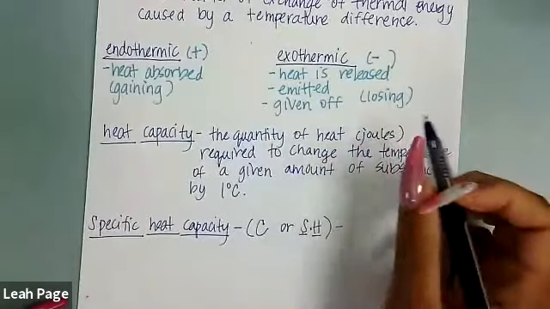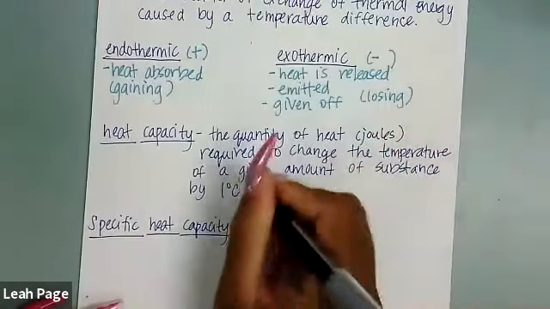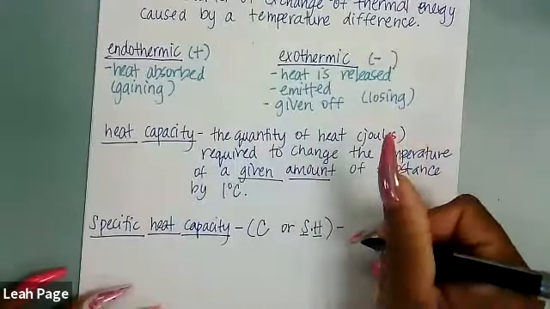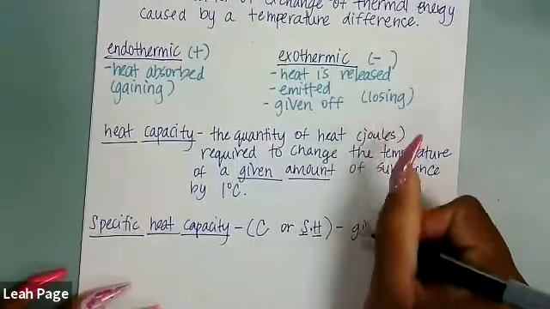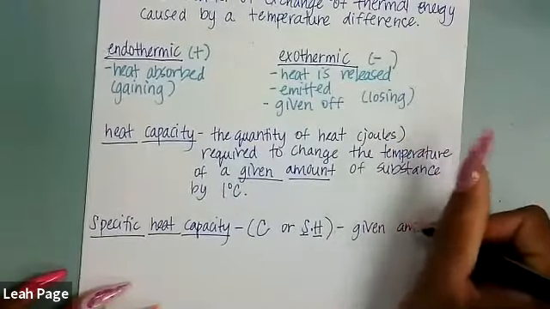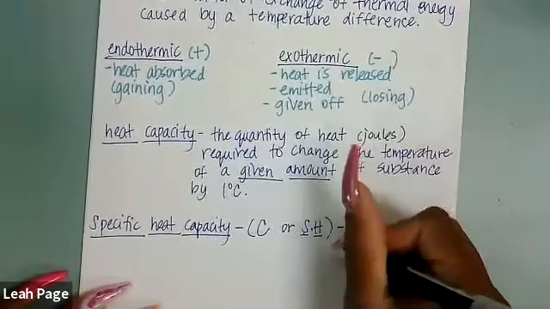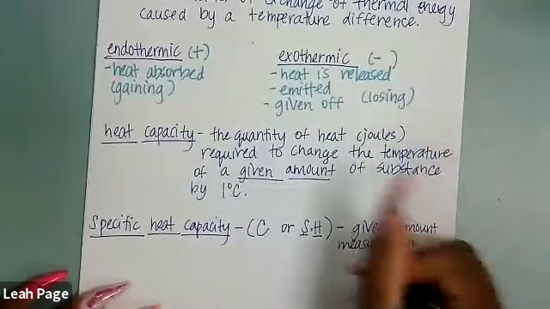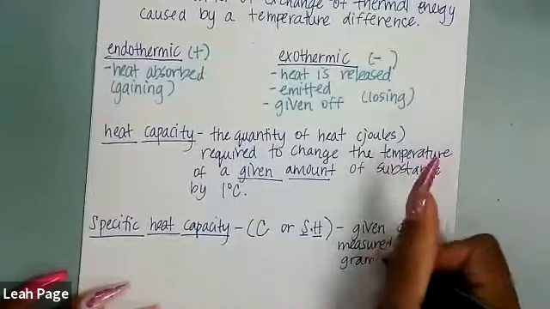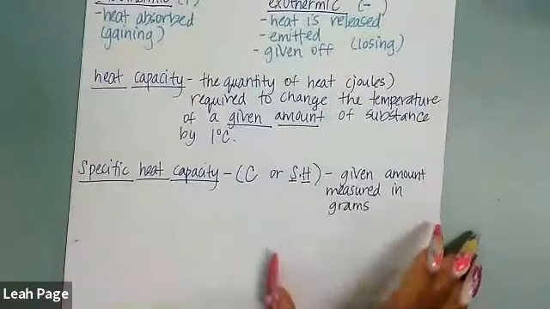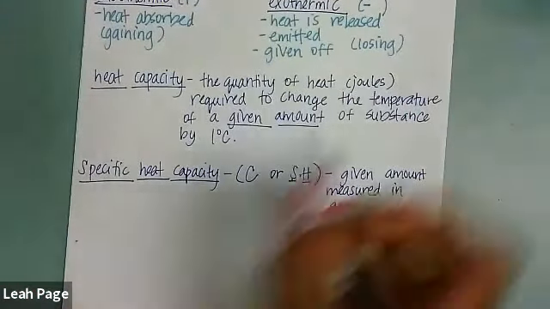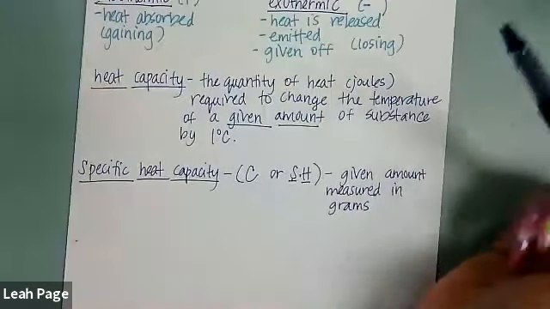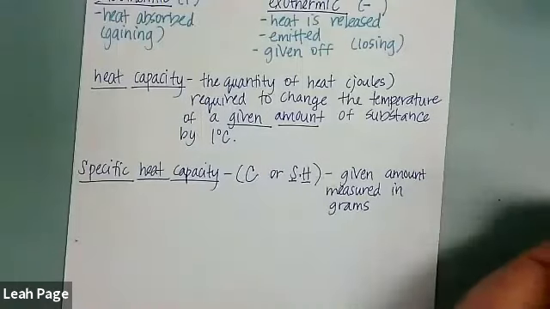It's just saying that the given amount is measured in grams. So all this is really saying is how much heat or how much energy is required to make your temperature go up by 1 degree Celsius.